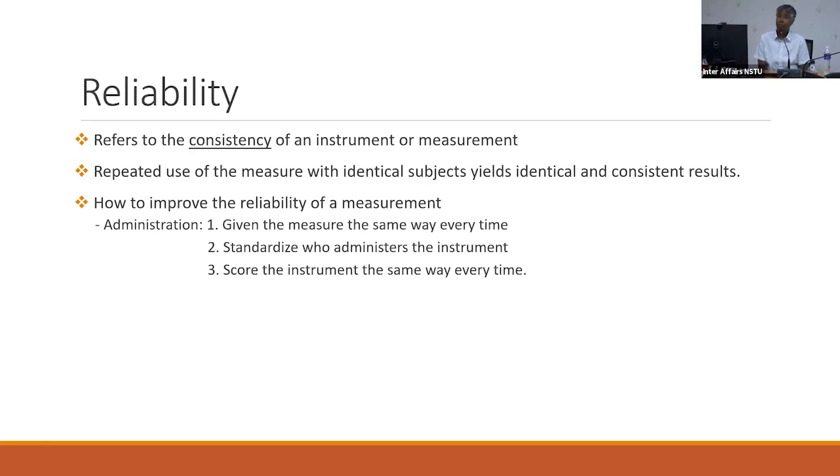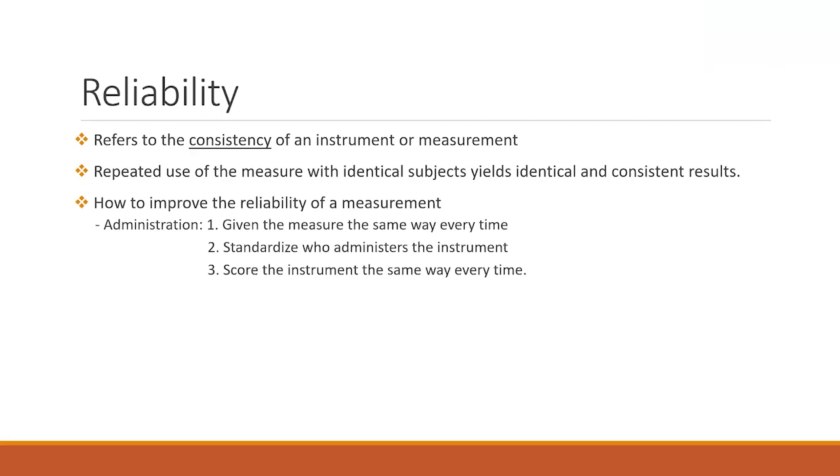How to improve the reliability of the measure? Make sure that you administer it at the same time, in the same way each time. Make sure your data collection person is trained, and make sure the instrument is scored in the same way each time.